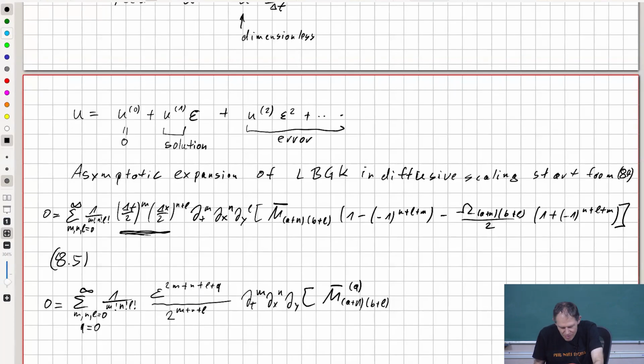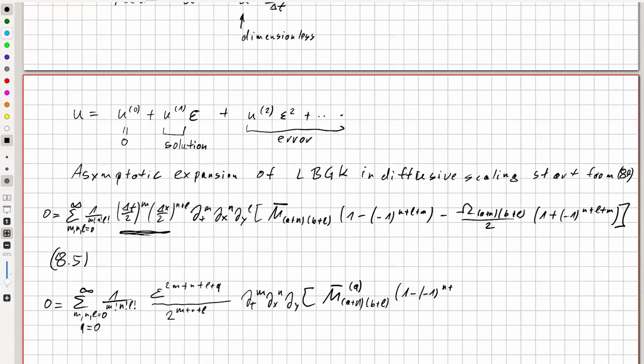You get it? 1 minus 1 n plus L plus m. Now comes the same thing for this omega. This goes to order Q. This 1/2, 1 plus minus 1 n plus L plus m, and closing brackets. Okay.